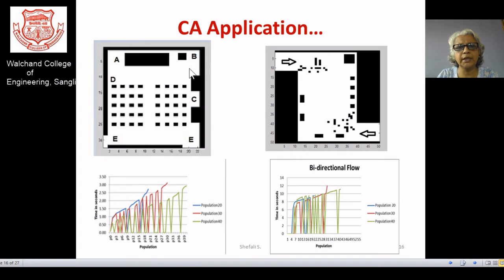There is another application. This is the example of one hall or classroom that I am using in my department. There is a table, a desk, and 2 cupboards, and this is the arrangement of the student chairs as they are arranged in a class.